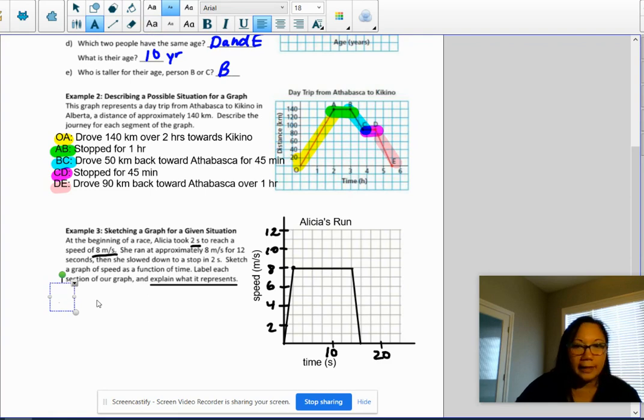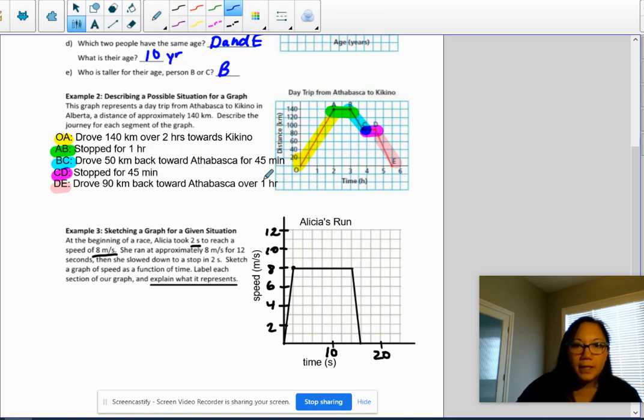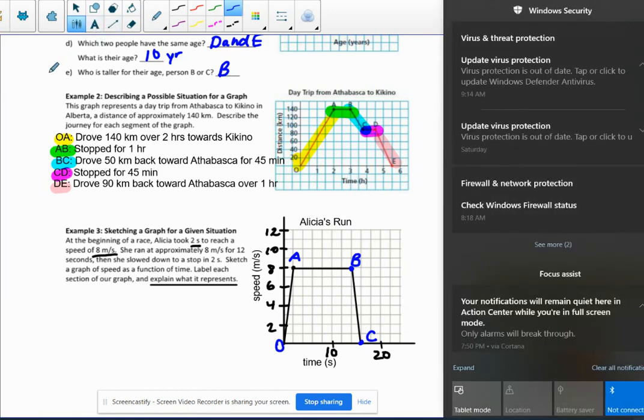Maybe we should label, just like we had done on the previous graph, with letters, the parts of our graph. So I'm going to call the very beginning O. That's commonly used at the beginning for the original start spot. I'm going to call this point A, this point here B, and this point here C. That way when we go to explain, we can label our segments quite easily.